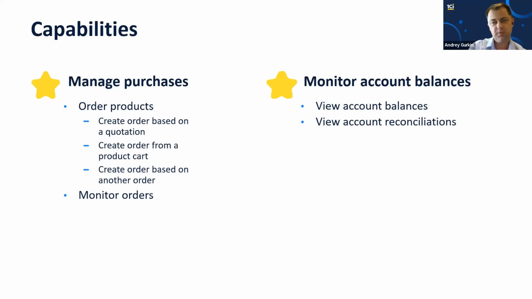From that perspective, they are buying something. So for them, we're talking about purchases. And they can order products using 3 different options. The first one is create order based on a quotation. I will show you all of those cases. Second, from a product card, it's the simplest way, and third, create order based on another order.